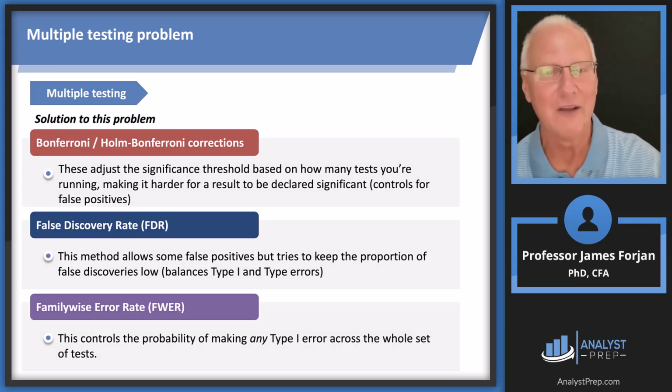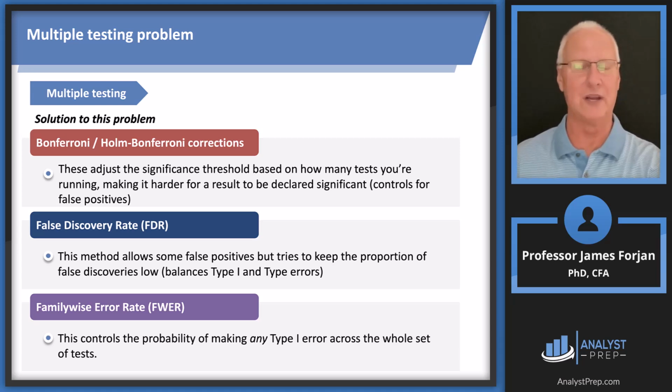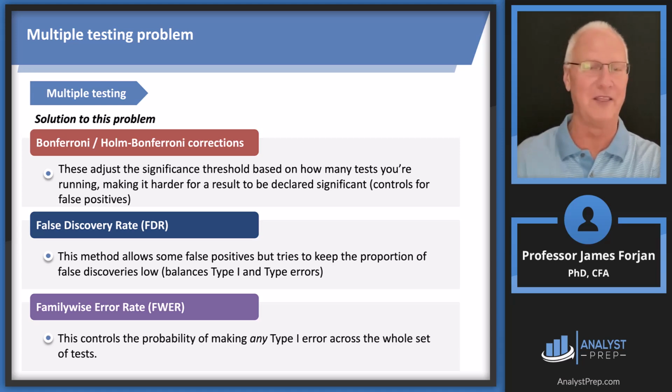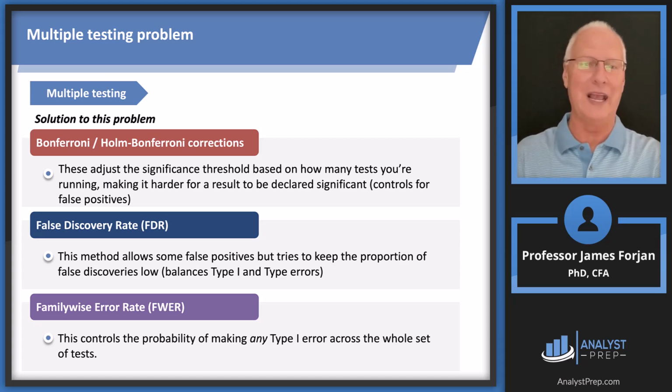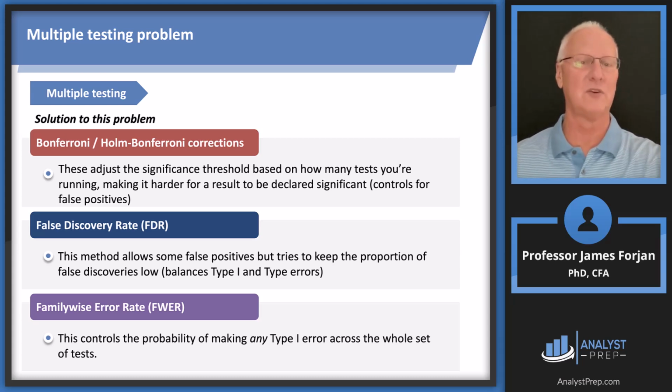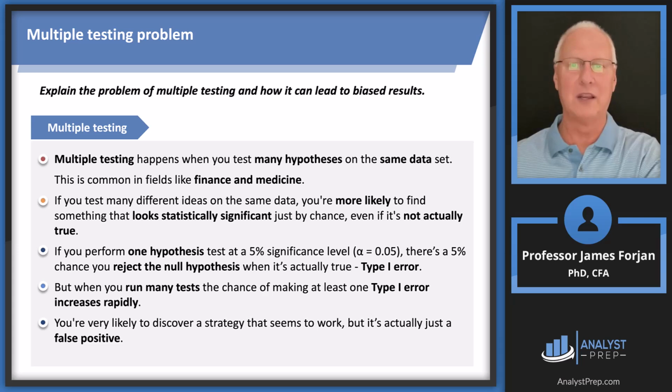And so I read that box, and I promise you, I don't remember the Bonferroni or the Holm-Bonferroni correction. I don't remember any of this stuff. So I did a little bit of research on this just to help you, but I can't imagine that the Institute would ask you this question because it doesn't relate to the learning objective. It doesn't say, explain the problem, how can it lead to biased results, and then offer a solution.